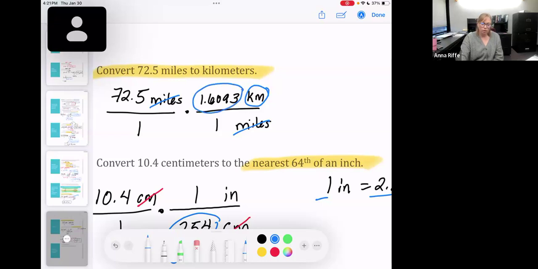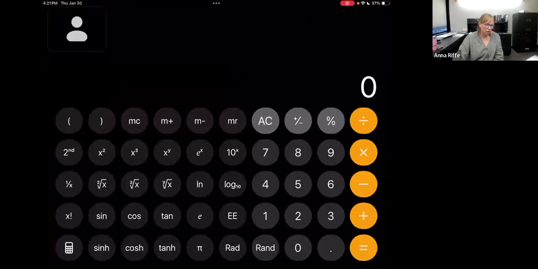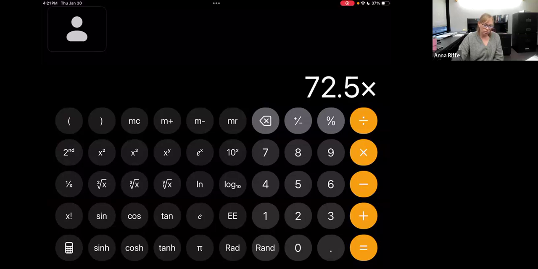And then it looks like you all were multiplying, which I agree. We're going to multiply by 1.6093. And let's see, what do you get? I had one question about rounding, so let's go ahead and do that in the calculator. 72.5 times 1.6093.